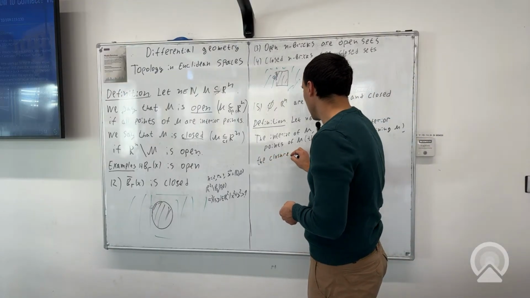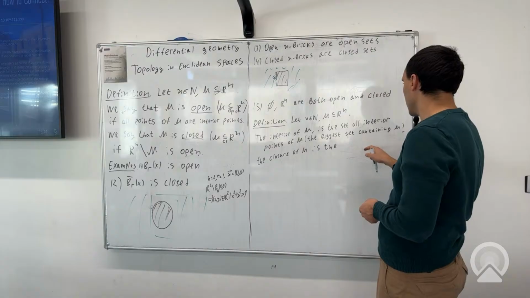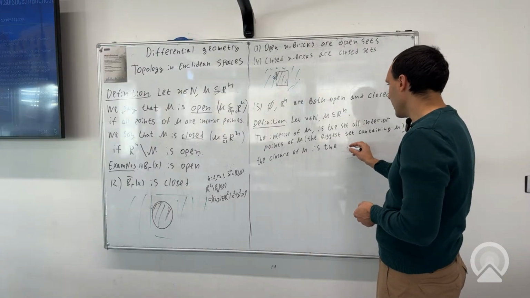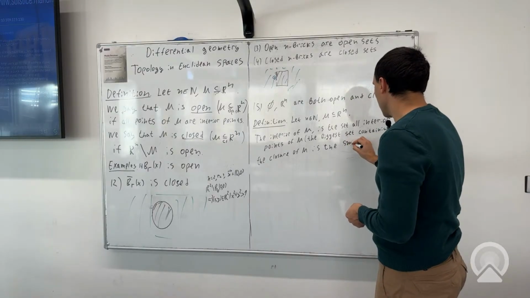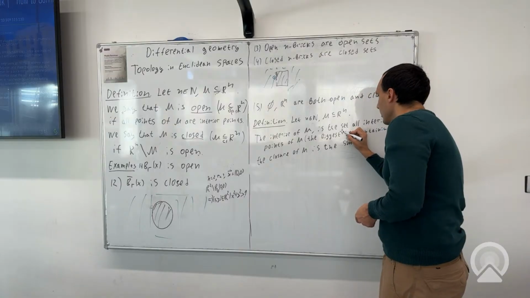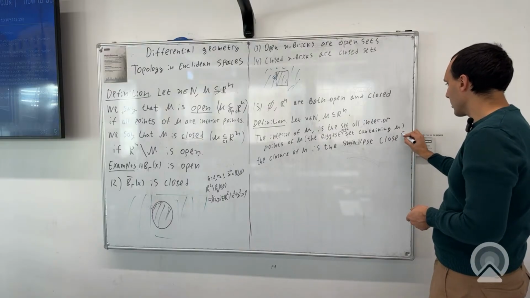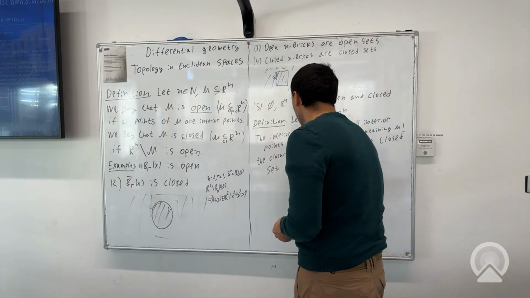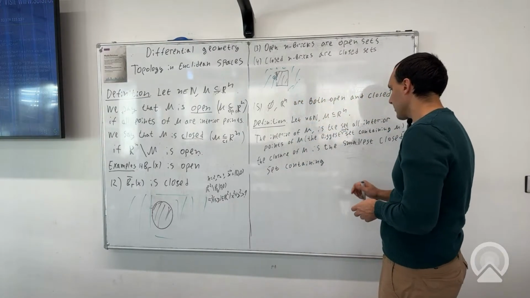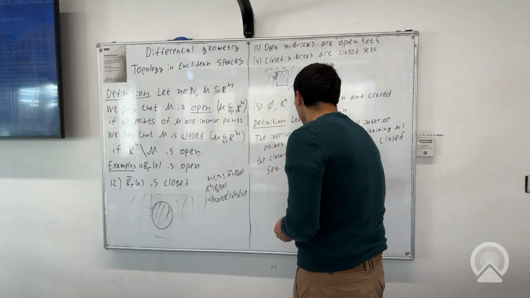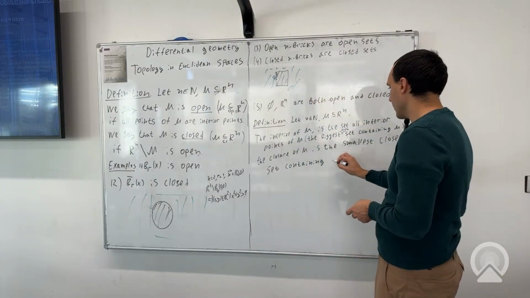The closure of M is the set of all boundary points together with M, the smallest closed set containing M.